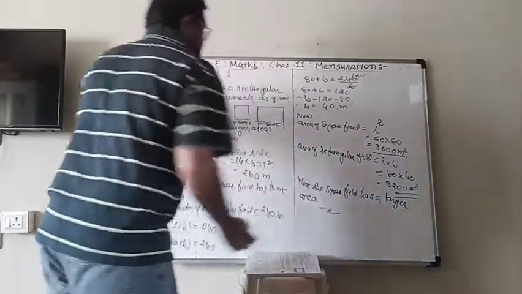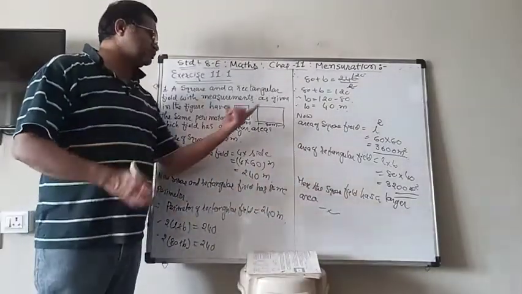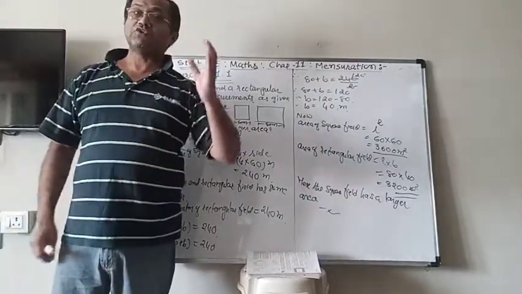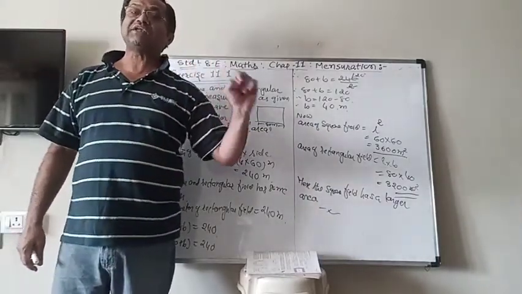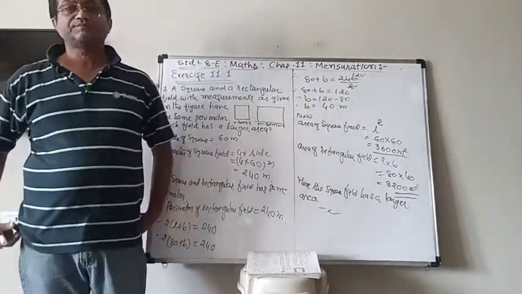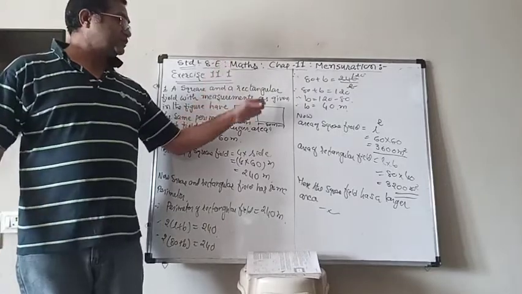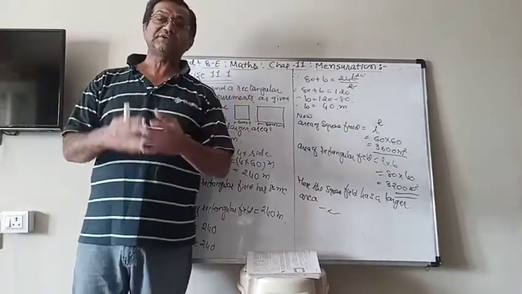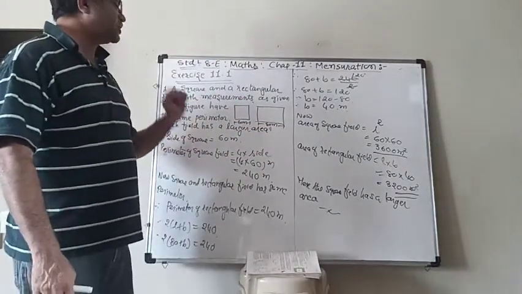So in this situation it was given that they have the same perimeter. So what did we do? We first found the perimeter of the square, and we took the same perimeter for the rectangle because their perimeters are given to be equal.